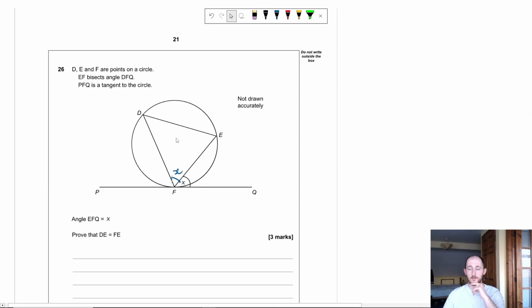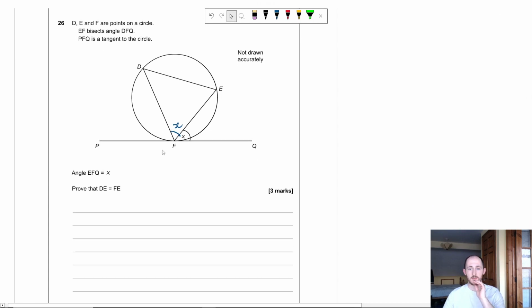So I've done that circle theorems video. If you haven't seen it, you should probably check it out if you're not too sure. It says prove that DE is equal to FE. So in other words, we're trying to prove that this is a big isosceles triangle. Now if you remember, an isosceles triangle has the same base angles. Now because it says prove, I need to actually start by doing this.